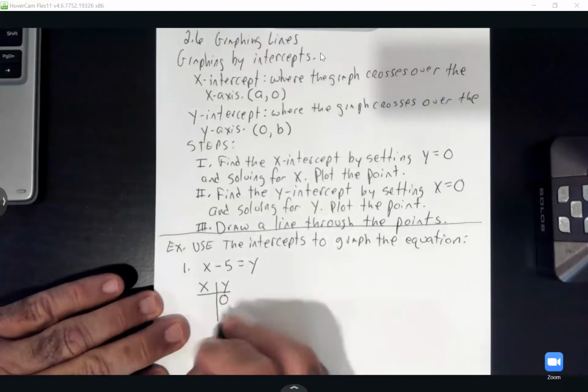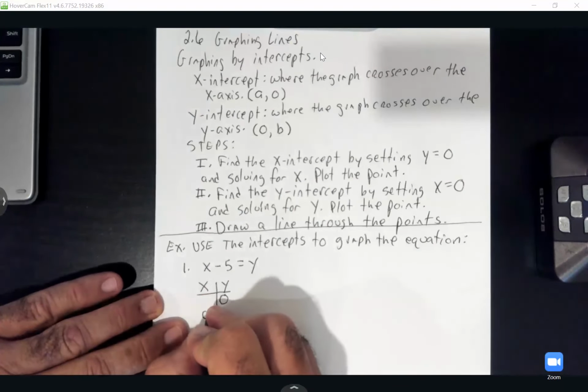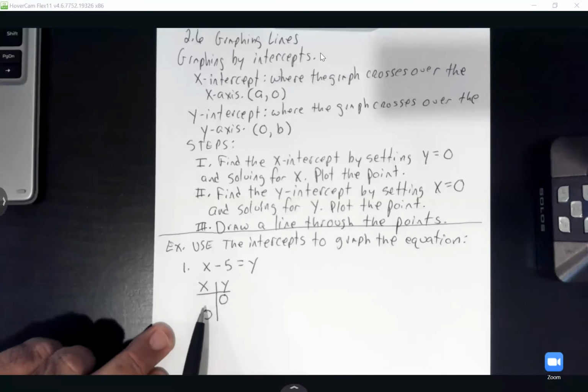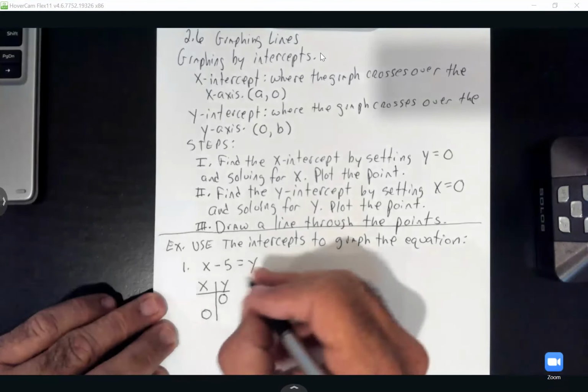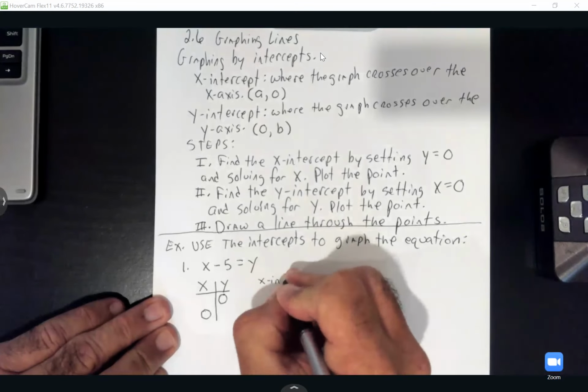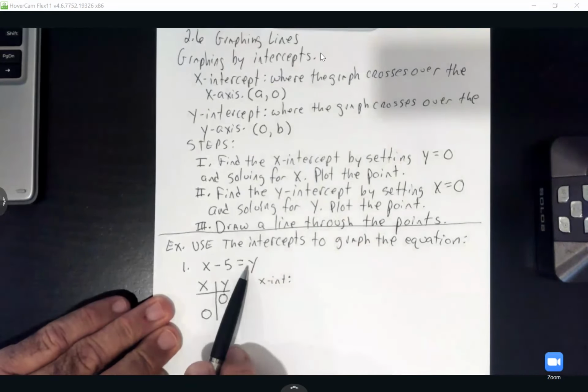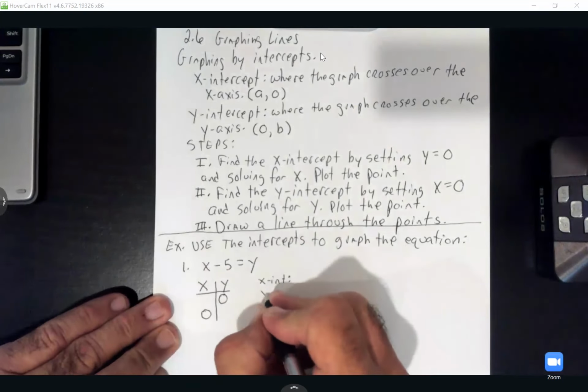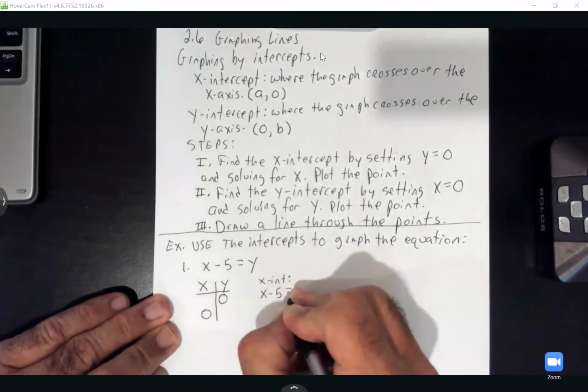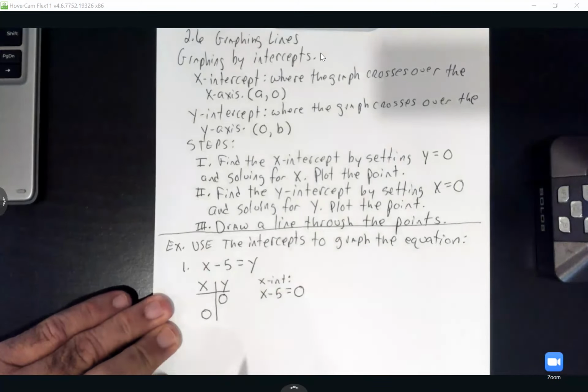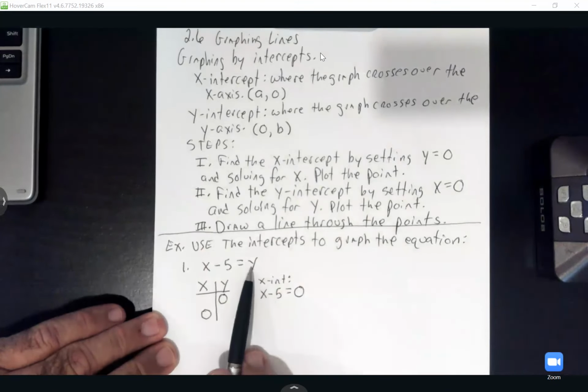Then I'll find the y-intercept on the second point by setting the x equal to 0. So let's get our x-intercept first. The x-intercept, we set y equal to 0. So that's going to give me x minus 5 equals 0. So you're just plugging in 0 in for the y.